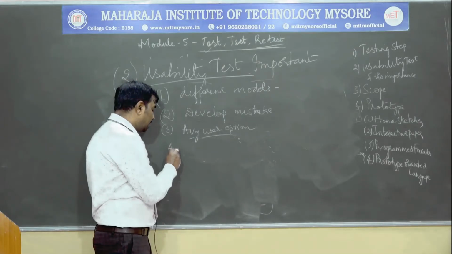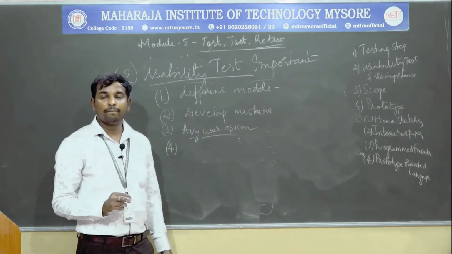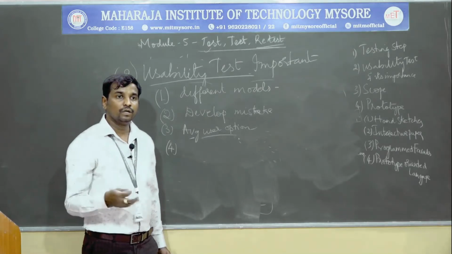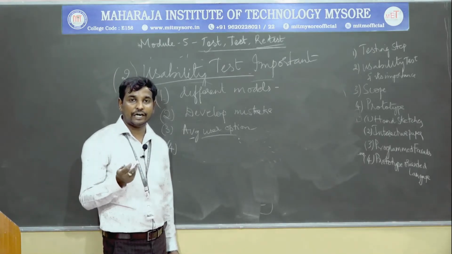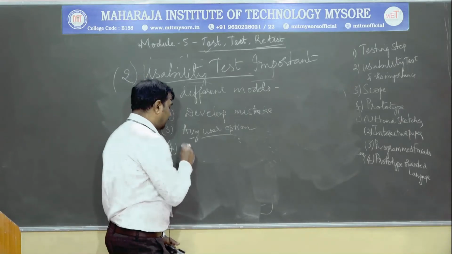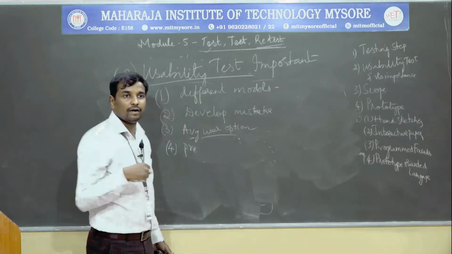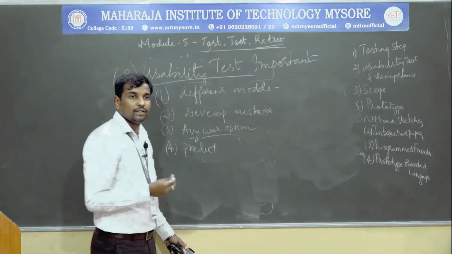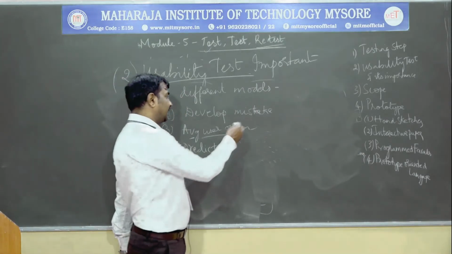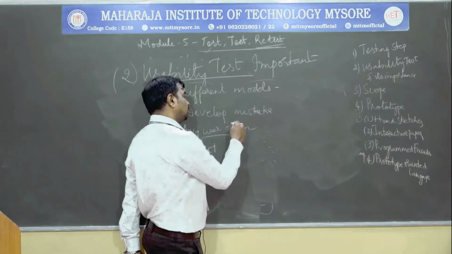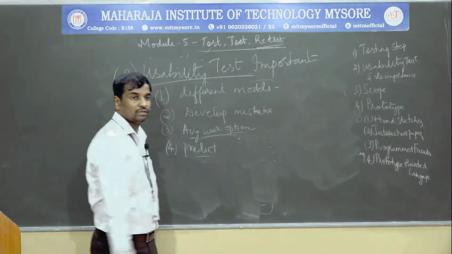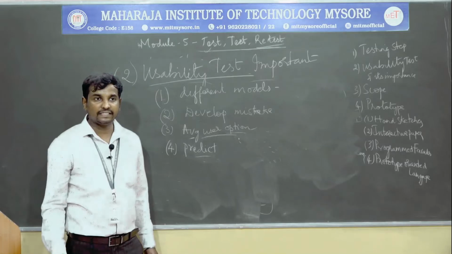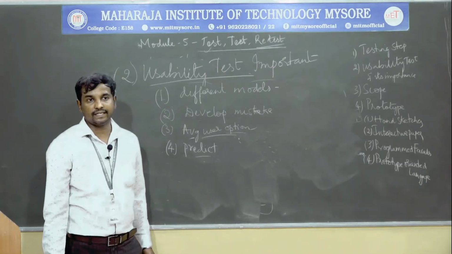By this we can get a predictable usability outcome. We can predict which one is the best, whether the developer is correct or the user is correct. By taking different opinions from the users, we can easily predict who is correct.